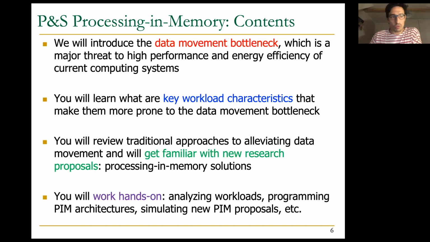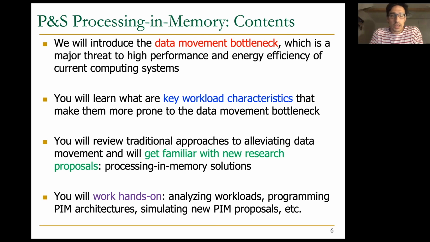So this is one of the possible projects that you can develop yourself. And also you can propose new processing in memory architectures or hardware improvements for existing processing in memory solutions.